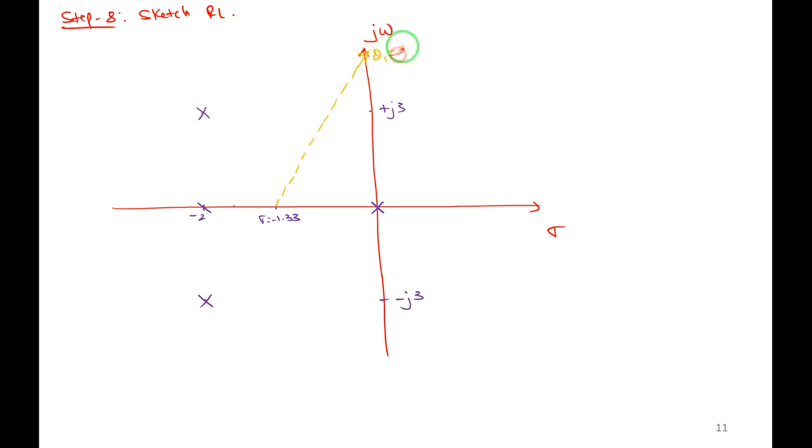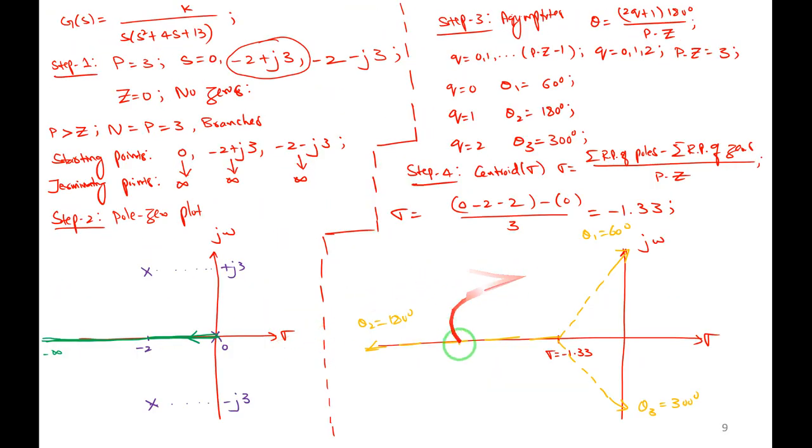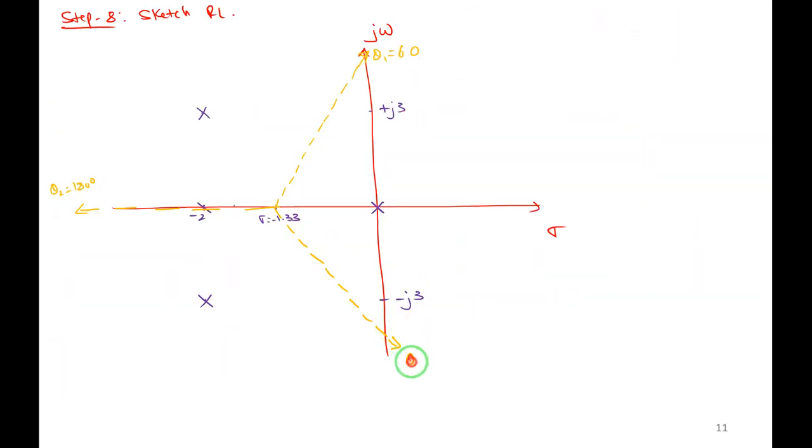Theta 1 equals 60 degrees. Then theta 2 is 180 degrees. Then theta 3, due to symmetry you can draw it or else you can measure the angle: 300. Okay, the centroid and asymptotes are done.